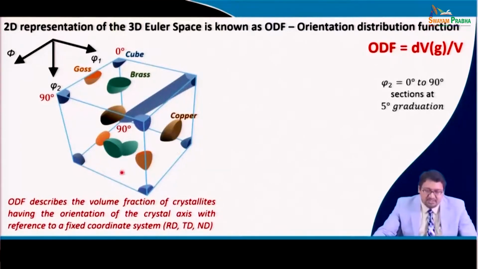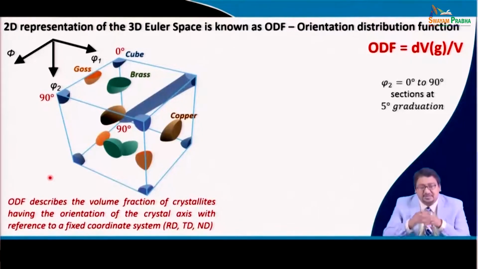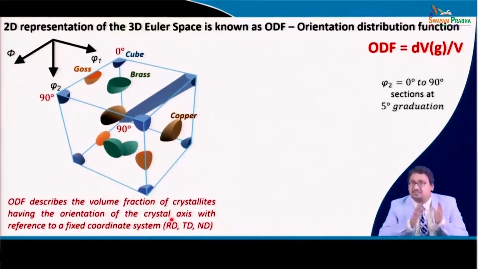So, you see this orientation distribution function basically describes the volume fraction of the crystallites having the orientation of the crystal axis with reference to the fixed coordinate system Rd, Nd and Td, and that is what the definition of the texture is, right.